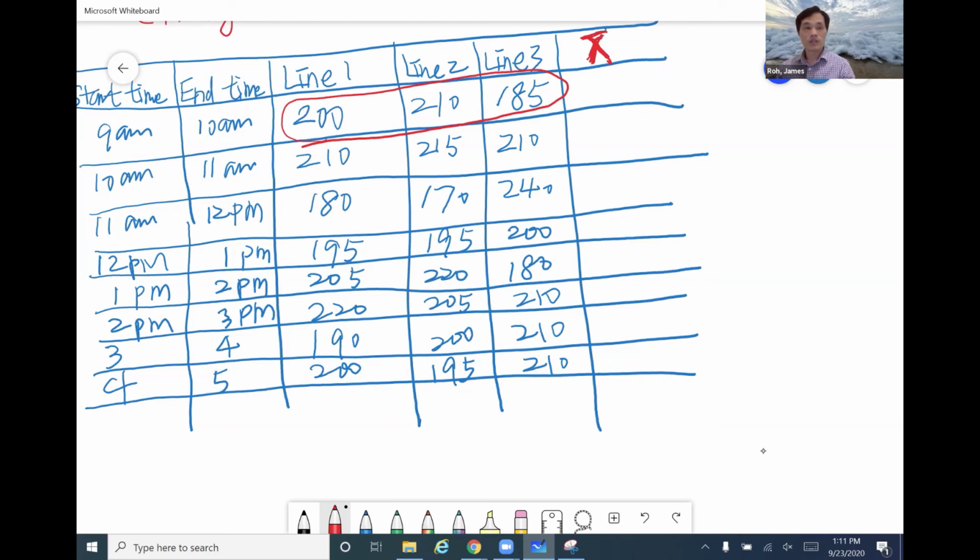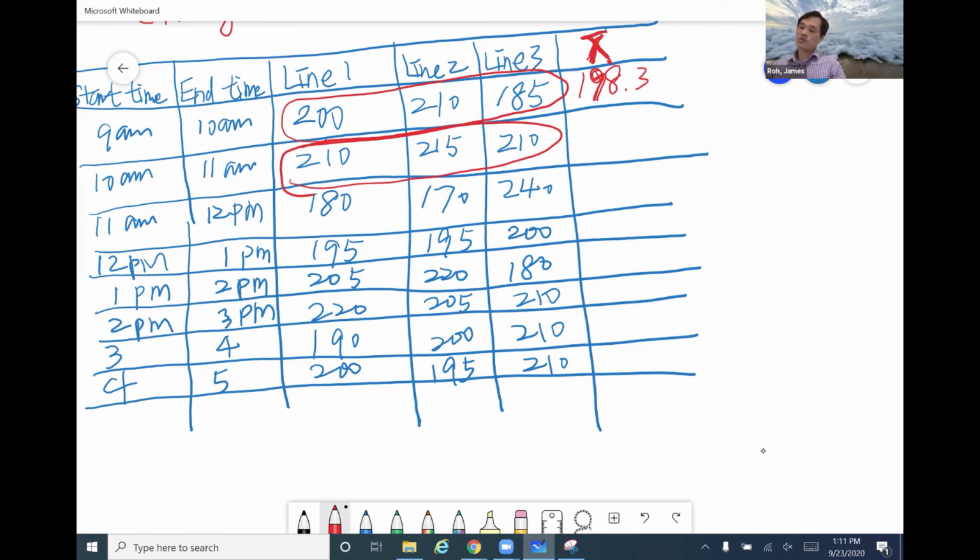So can anybody tell me, what's the average of 200, 210, and 185? 198.3 repeated. 198.3. Thank you. And similarly, let's go for 210, 215, and 215. So that's going to be 640 divided by 3.